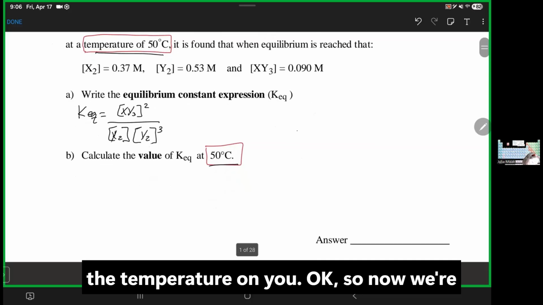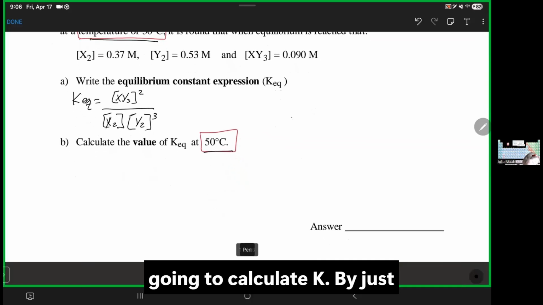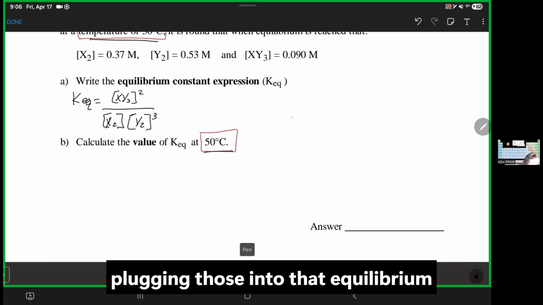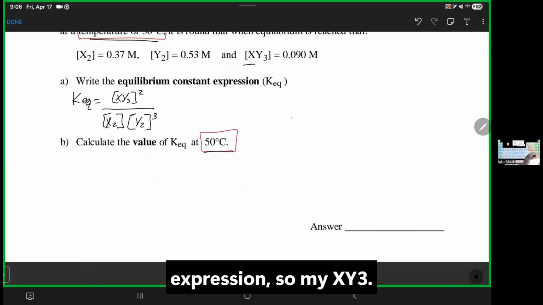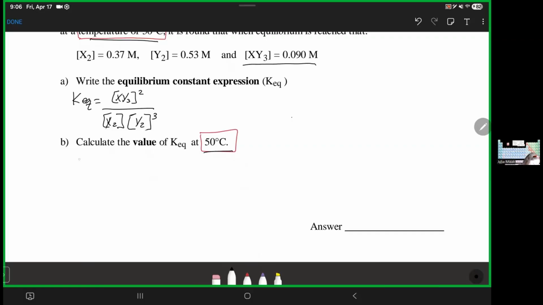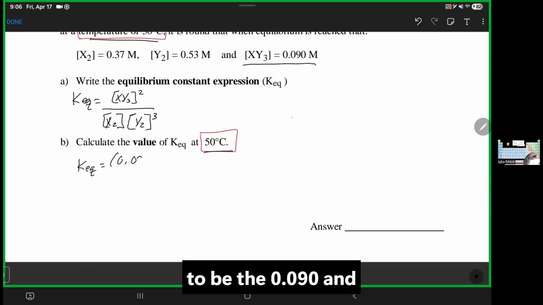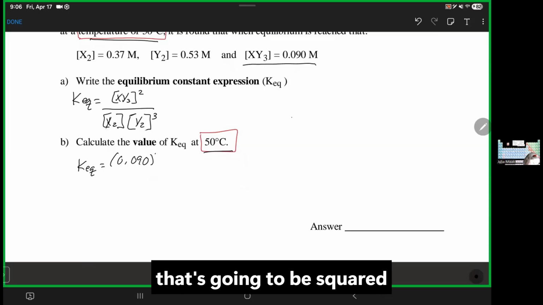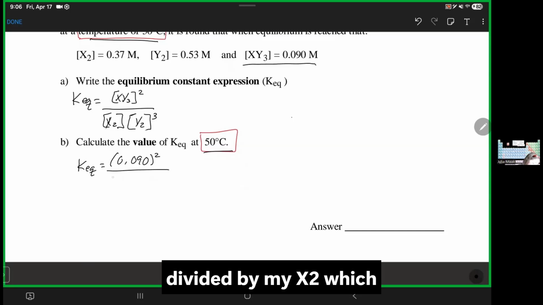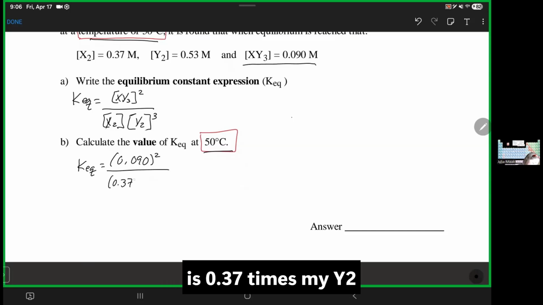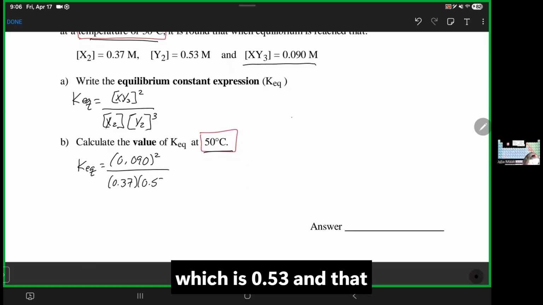Okay, so now we're going to calculate K by just plugging those into that equilibrium expression. So my XY3 on top, so that's going to be the 0.090, and that's going to be squared, divided by my X2, which is 0.37, times my Y2, which is 0.53, and that one is cubed.